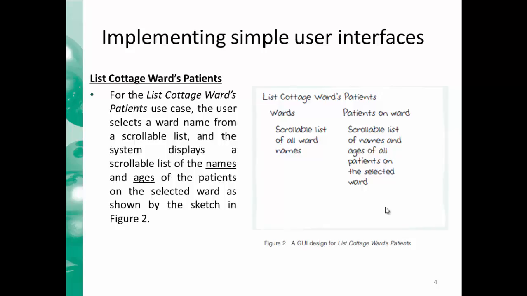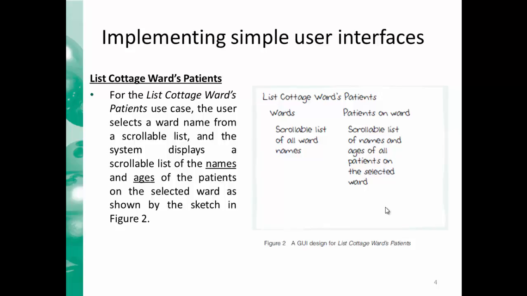So you'll have a list of the patients and the list of the wards, and the patients will be also having names given. So it will be just a matter of selecting from lists to be able to list the Cottage patients.